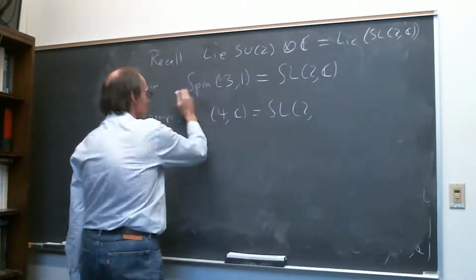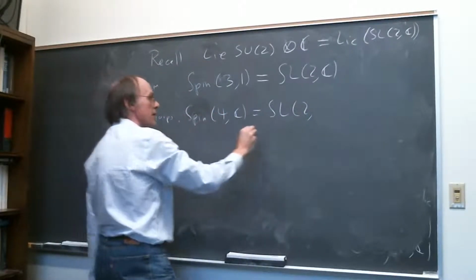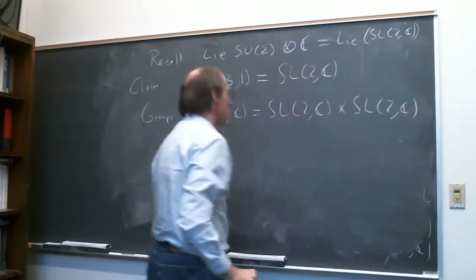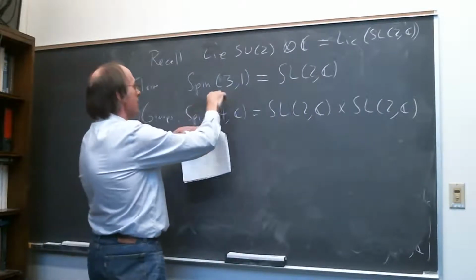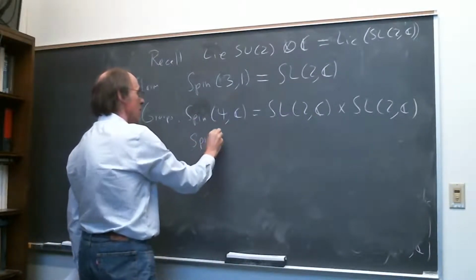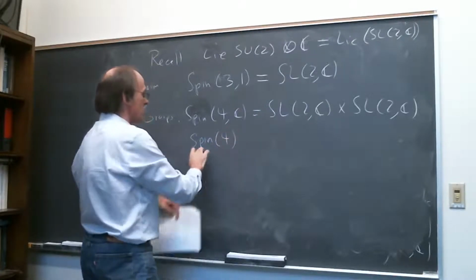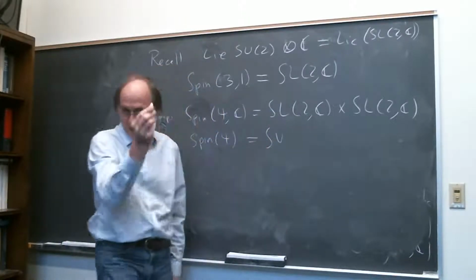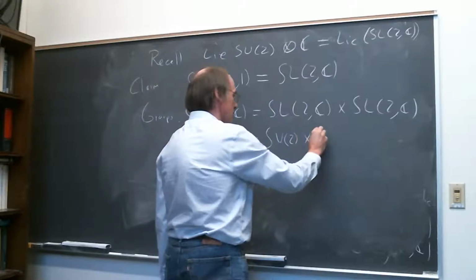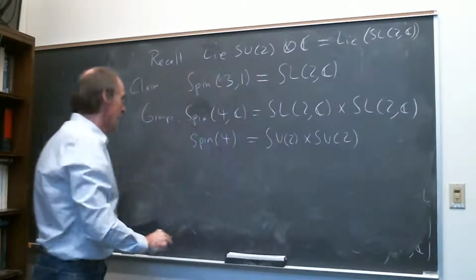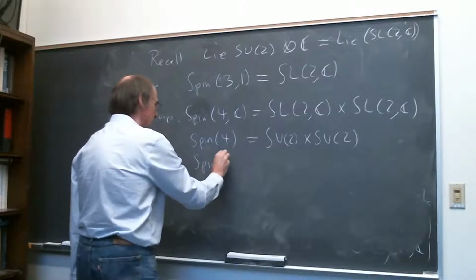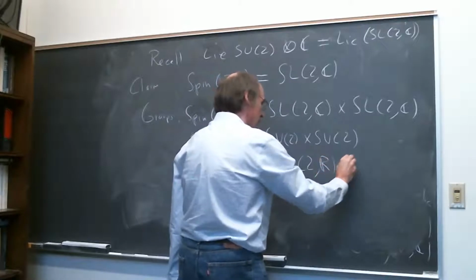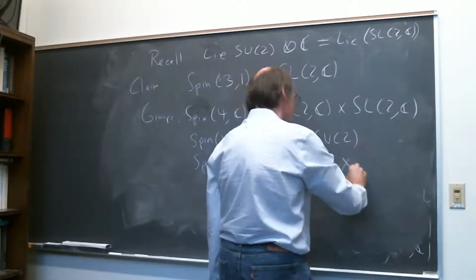Sorry, you have to go to the spin groups: Spin4C is SL2C cross SL2C. But there's also Spin4, the real thing. Remember, I showed you that was Sp1 cross Sp1, that was SU2 cross SU2. And the other thing is that Spin of 2-2 is SL2R cross SL2R.